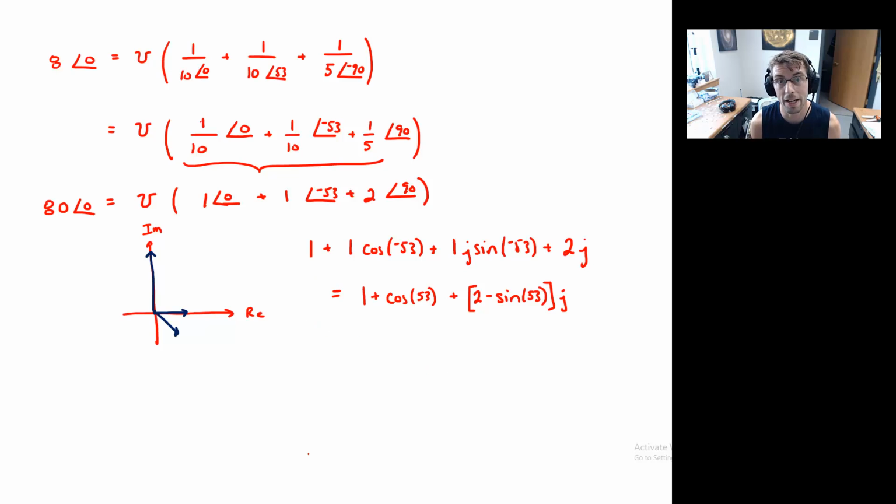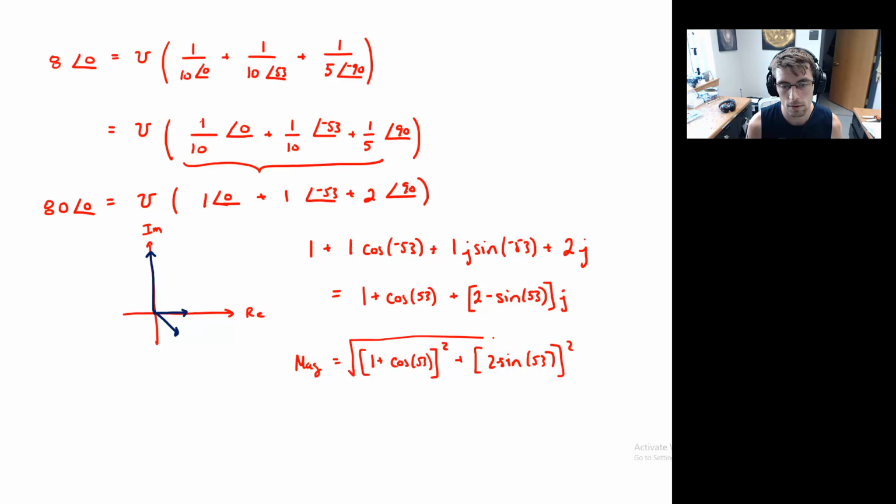Now we have it in component form, but let's find the magnitude. The magnitude would simply be the square root of the quantity 1 plus cosine of 53 squared, plus the quantity 2 minus sine of 53 squared. I sure hope that works.